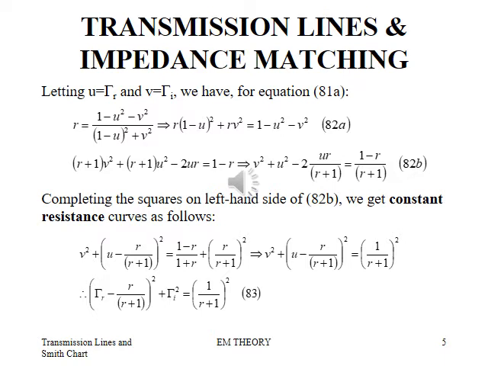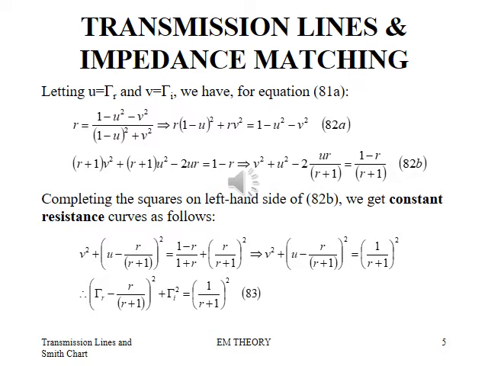Now, let us complete the squares on the left hand side of 82b so that we get constant resistance circles. Now, to the left we have v squared, and then we have (u minus r over r plus 1) all squared. And if you square that, then you must add to the right (r over r plus 1) squared.